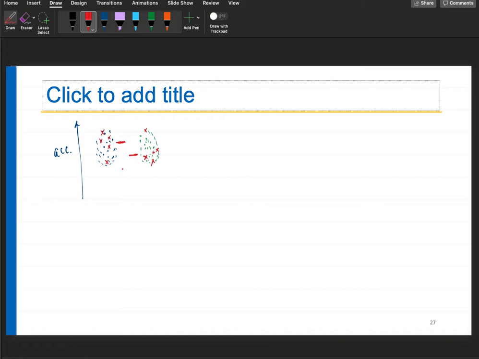Or how statistically significant is this assumption or hypothesis that the blue one is better than the green one? What are the factors which will decide that? What are the factors which will tell you about the confidence in your hypothesis? Hypothesis means my hypothesis is that, let us say, the blue one is better than the green one.